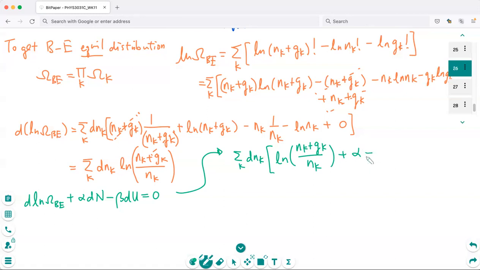And the third term, the term with beta, I will have to multiply by epsilon k. And this whole thing has to be 0. And therefore, in the spirit of Lagrange multiplier, don't say anything too much. You just extract this, and this has to be 0. Everything in the square bracket has to be 0. So I have this result.